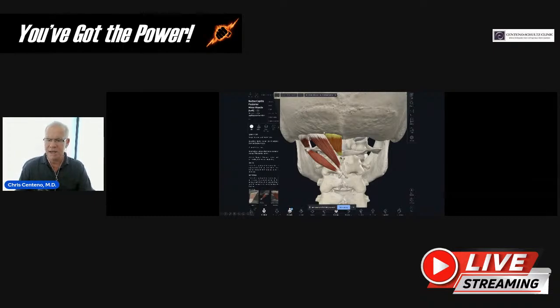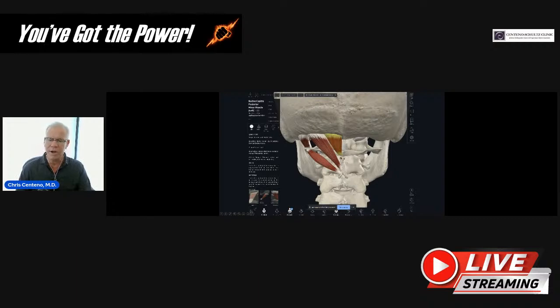We can see here the 4 suboccipital muscles. Rectus capitis posterior minor and rectus capitis posterior major will be the first 2 we talk about. One thing you can notice about rectus capitis posterior minor is it goes from the head to the atlas, and the major goes from the head to C2, or the axis.